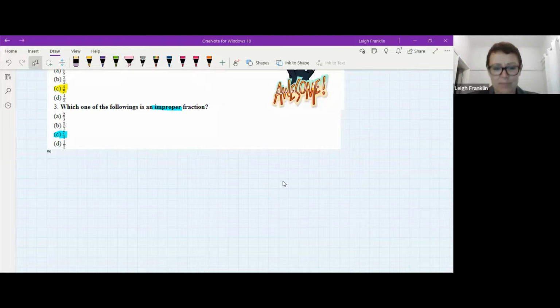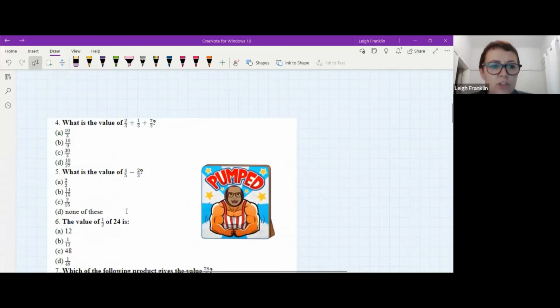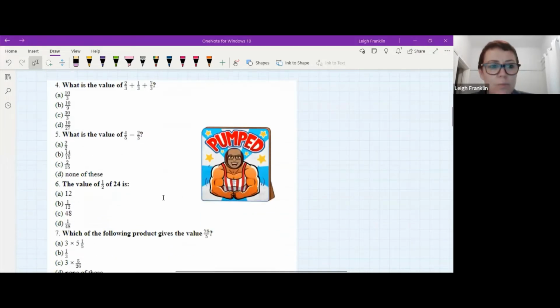The numerator has to be more than the denominator for it to be improper. What you said was 100% correct. It was improper because the numerator was 7 and the denominator was 4, so the numerator was bigger than the denominator. Good job, nice.